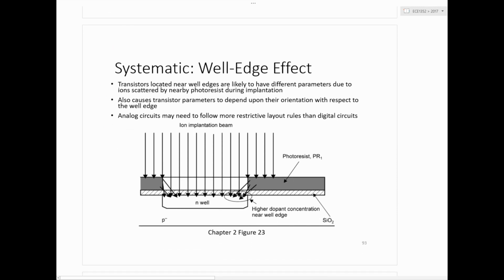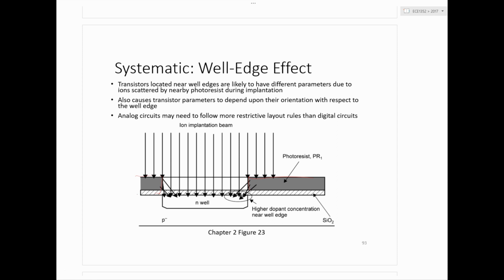So here's a couple of specific examples, just to illustrate how these things can creep in. Here's an example of a systematic variation: when manufacturing the chip, you're implanting an N-well into which you're later going to put PMOS transistors. So how do you do that? Well, you create a blocking layer, a photoresist layer, let's say, that's grown on top, and then you do the dopant implantation step.